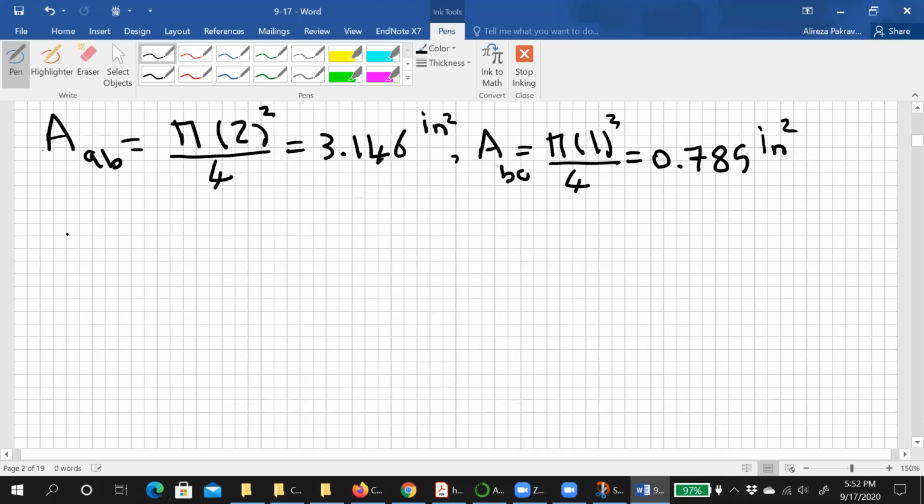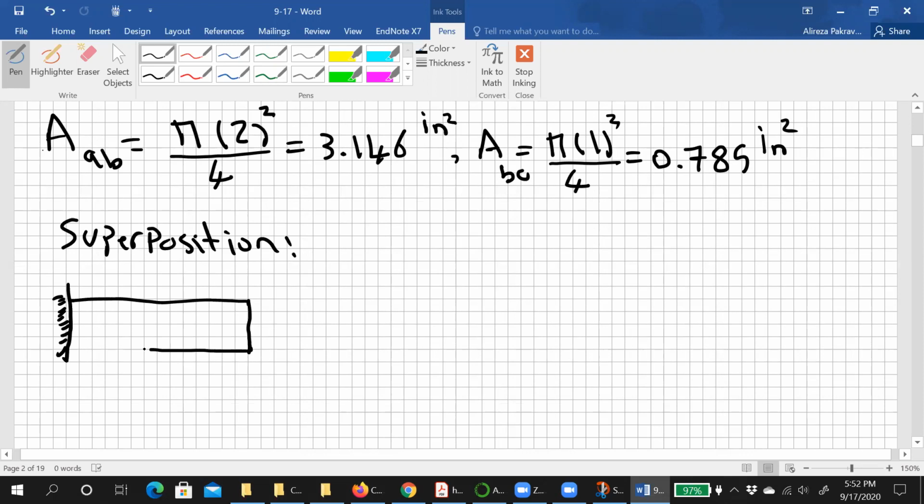So the purpose is when I use the superposition, okay, we can do like that.